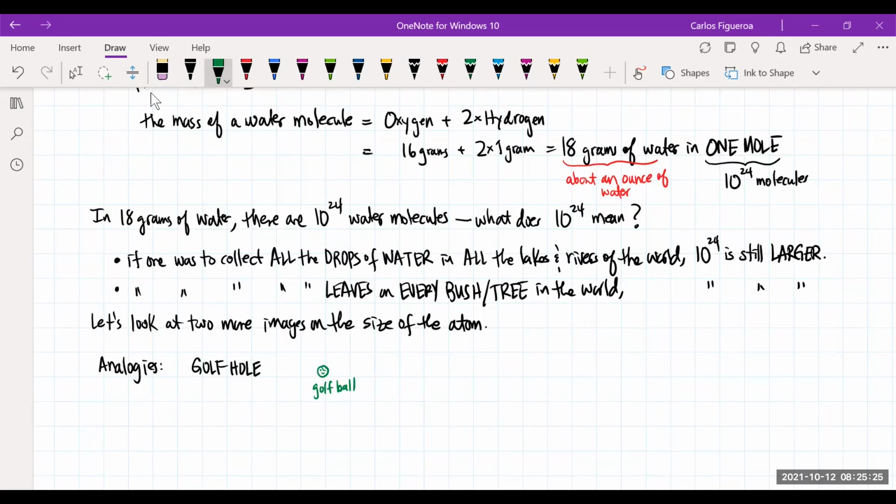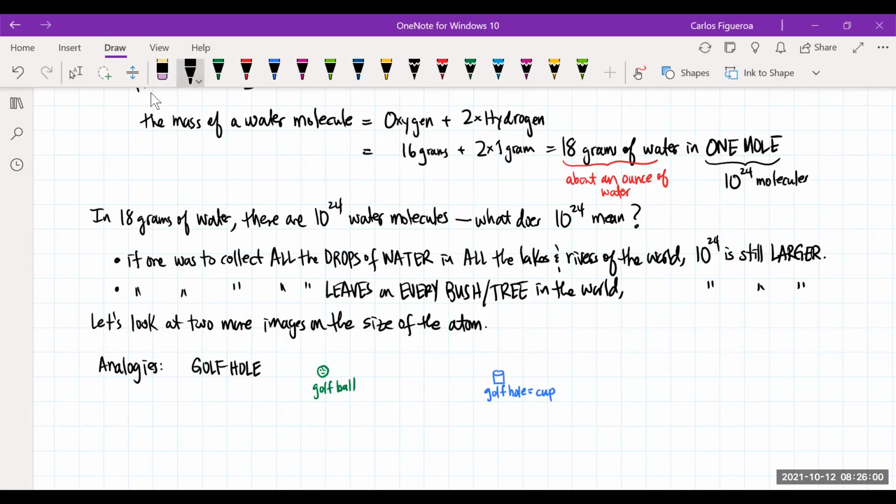If you look at the longest golf hole that you might be able to find, I think I Googled it, and it's like 1,600 feet. It's about a third of a mile. Then over here, you have a golf hole or a cup.